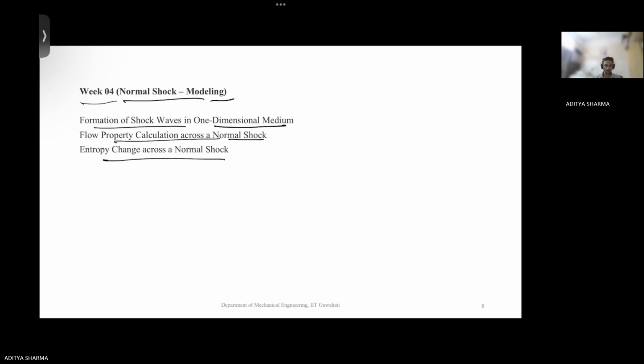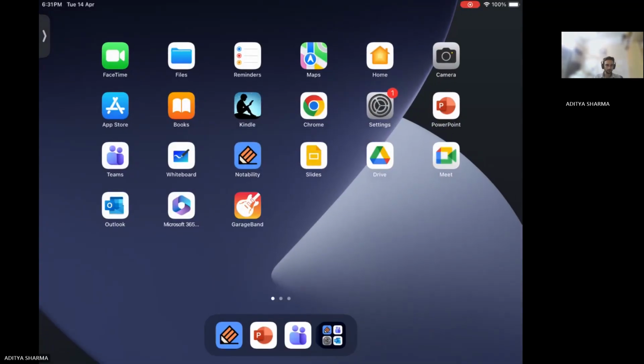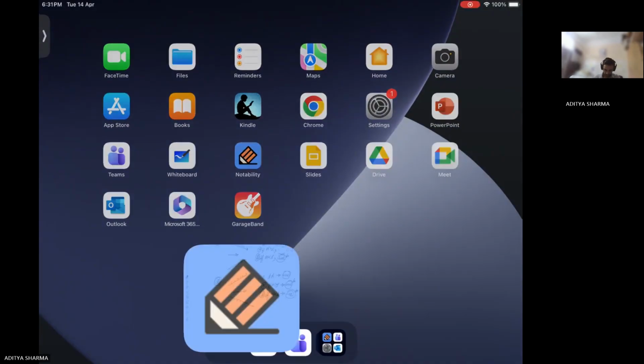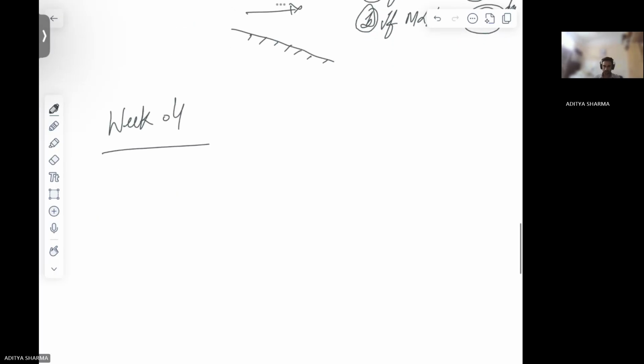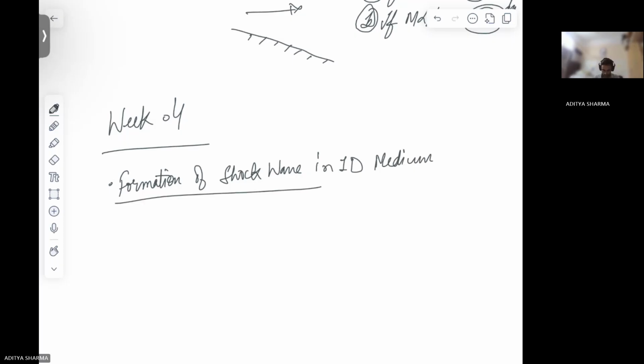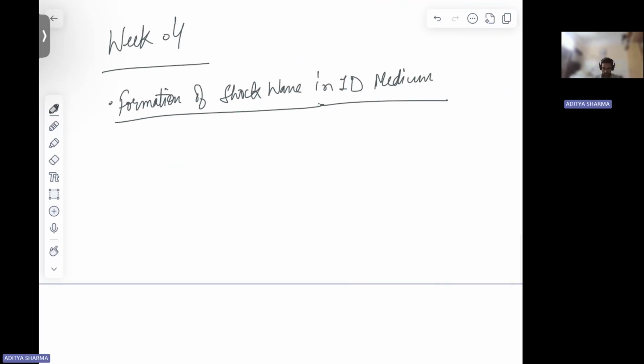So how do we model a shock wave in 1D medium?